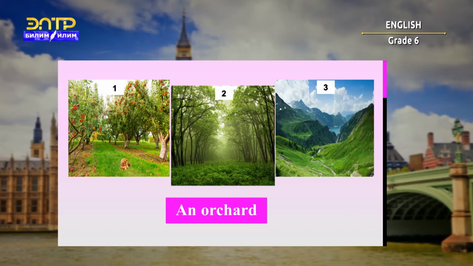Now, dear students, you will see the 3 pictures and 1 word. Your task is to say which picture matches with the given word. Good luck! An orchard.